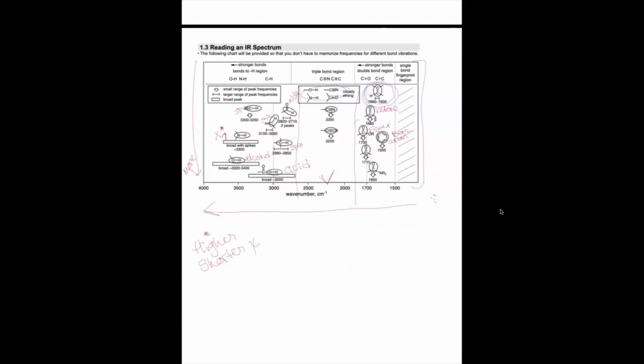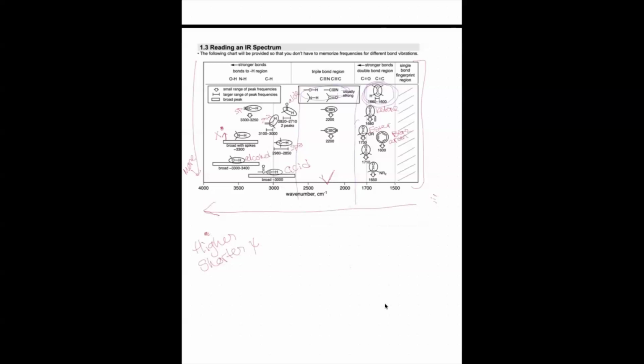If you haven't looked at it yet, I'll give you a little synopsis of how she's going to have you do it. You could also rewatch the office hours from earlier today. You are going to label your major peaks with what the wavelength is, the corresponding bond type, and the functional group.